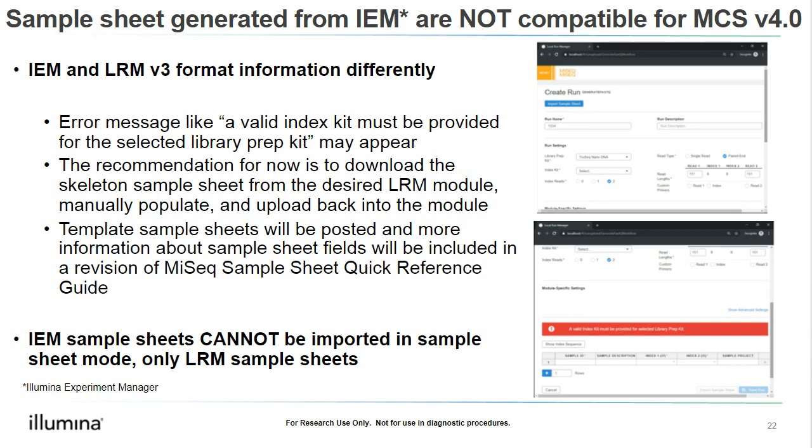Also, when you download a module, that module installer comes bundled with a template sample sheet that you can also fill in and upload or use in sample sheet mode, or look to see the formatting differences. So just keep this in mind as we go through the rest of the presentation that when we talk about sample sheets, they are Local Run Manager formatted sample sheets and not IEM sample sheets.